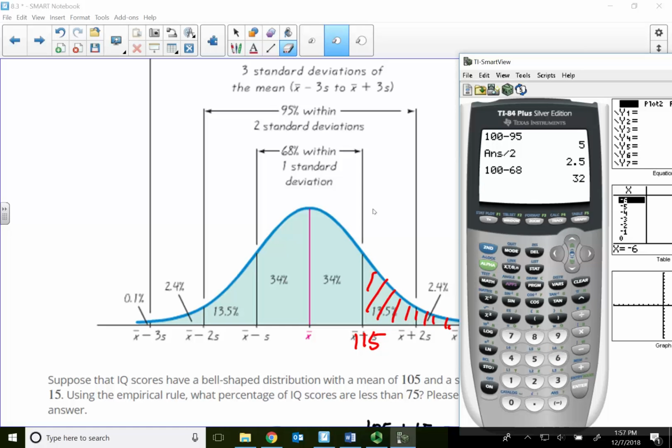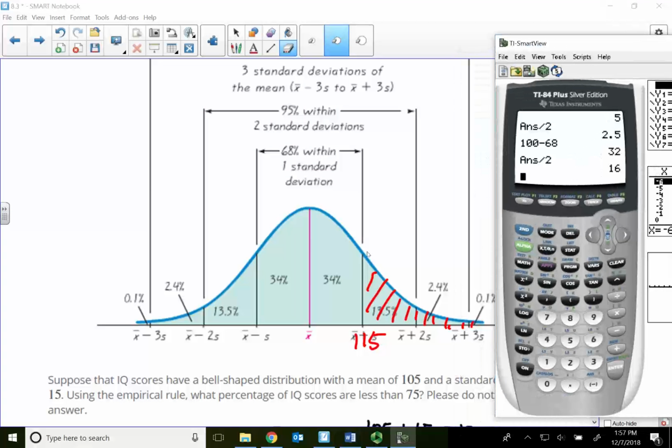So that means that outside the one standard deviation together is 32%. So since I'm only interested in one half of it, if I divide it by 2, that will give me 16%.